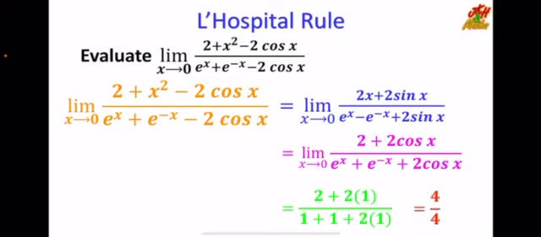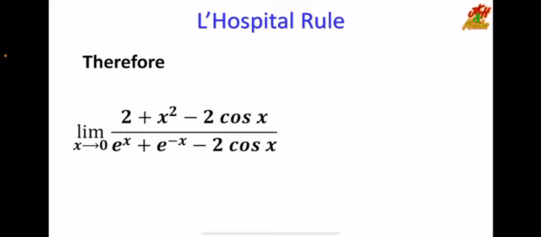So the limit is equal to 4 over 4, and simplifying, it is equal to 1. Therefore, the limit of 2x plus 2 sine x over e to the power of x minus e to the power of negative x plus 2 sine x as x approaches 0 is equal to 1.